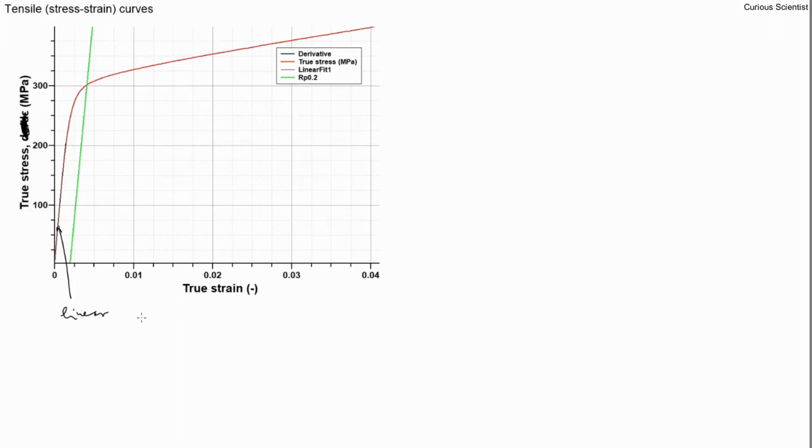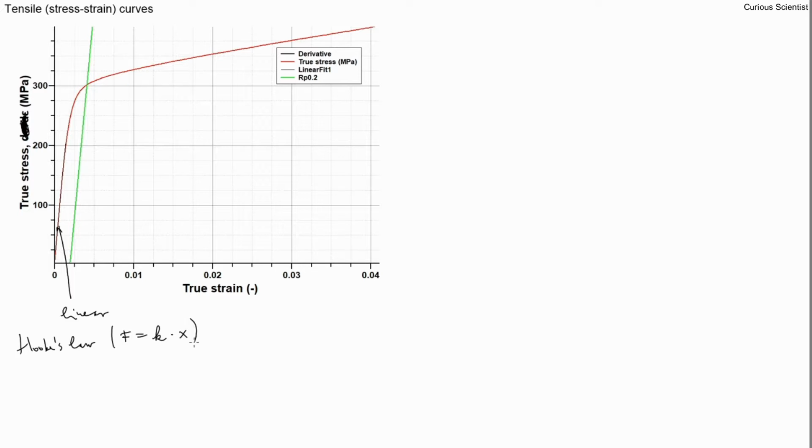The linearity basically comes from Hooke's law, which, if you remember, is F equals k, some sort of constant, times x, which is the displacement.